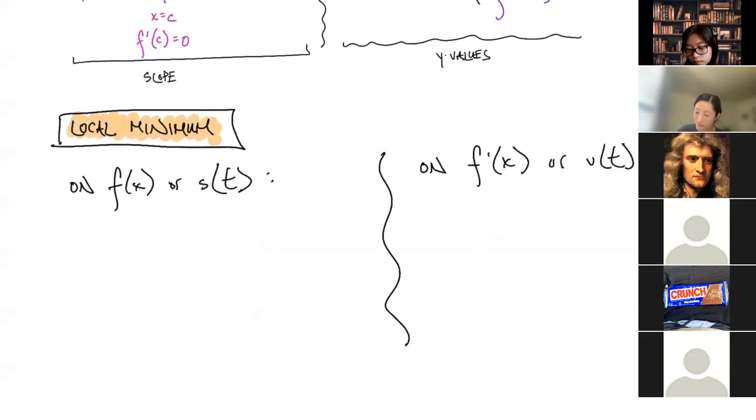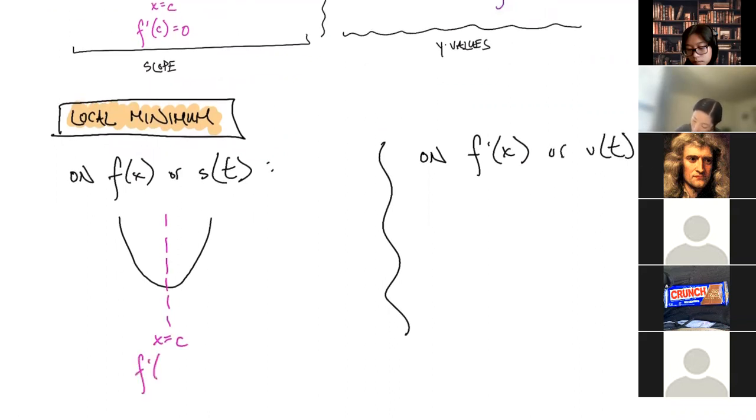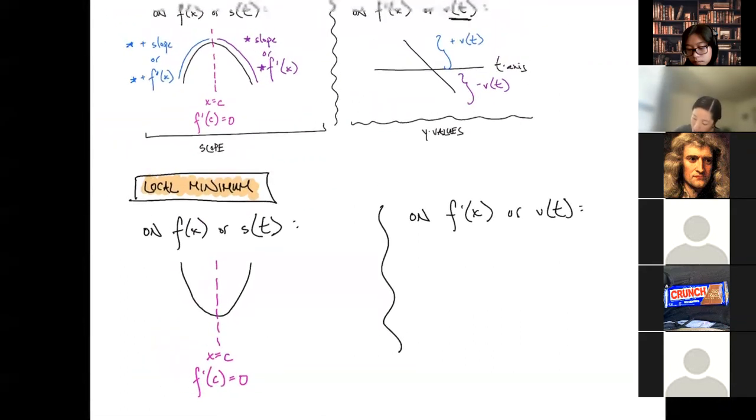Now I'm asking you to draw a minimum. I think that is fairly straightforward. It is very much our traditional parabola, right? We're going to go down like this, we'll get to the bottom, we'll turn around and go back up. Now, where this turning point happens, we're saying it happens at x equals c, and we're saying that f prime of c equals 0. Now, let's keep our colors the same here.